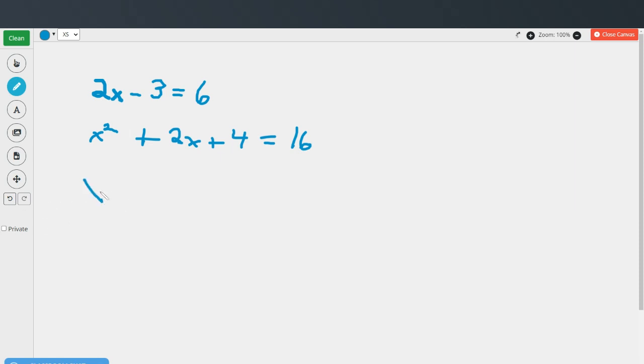And then x cubed minus 2x plus 9 equals 12. And finally, the square root of x minus 2 equals 16.